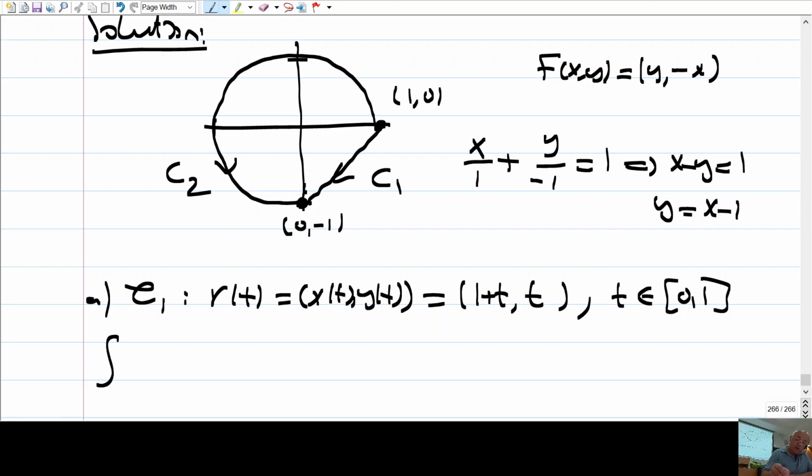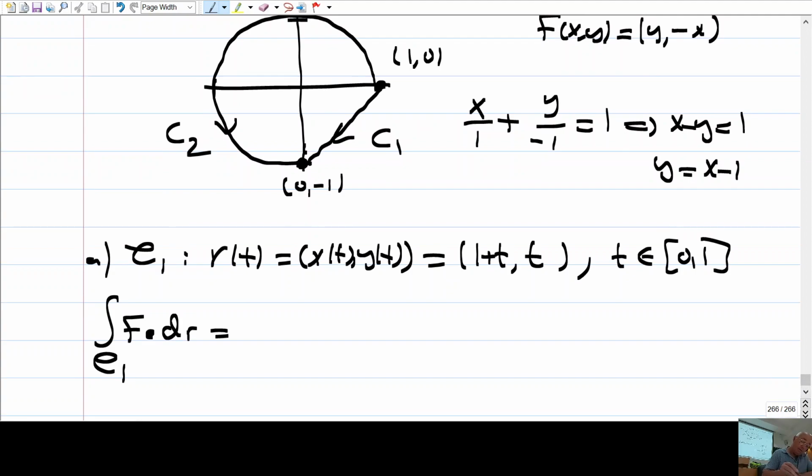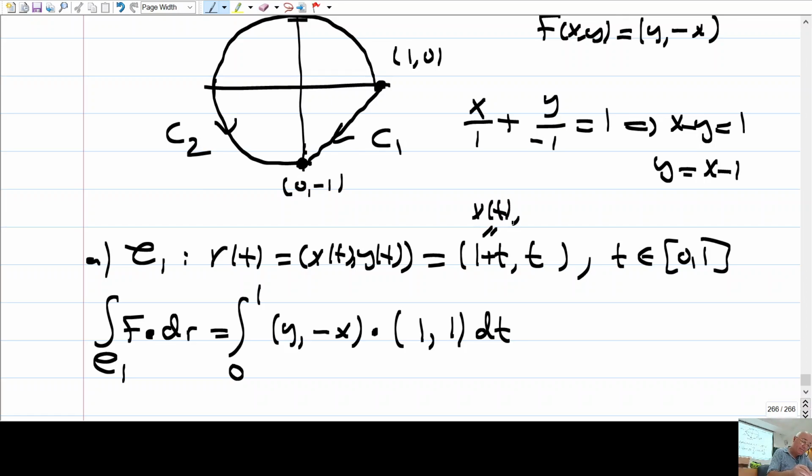So, the integral over C1 of F dot dr is then what? Integral from 0 to 1. F is just y comma minus x. What is dr? Dr is the derivative of this. The derivative is 1, 1, and then dt. So this is my x(t), and this is my y(t), so I have x'(t), y'(t).